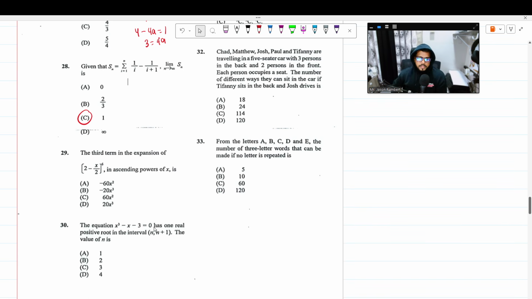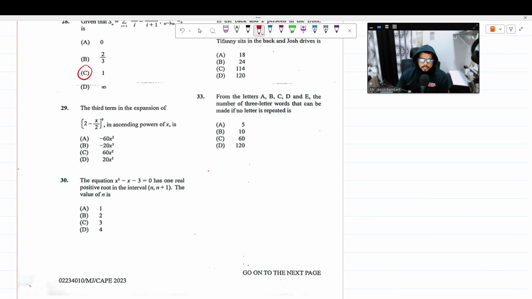The third term in the expansion of this in ascending powers of x is, so let me check and see what the third term is going to be. We're going to have 2 to the power 6 plus 6c1, 2 to the power 5 minus x over 2 to the power 1 plus 6c2, 2 to the power 4, minus x over 2 to the power 2.